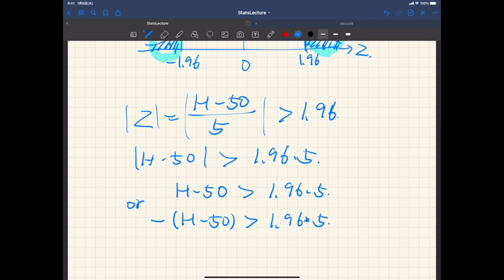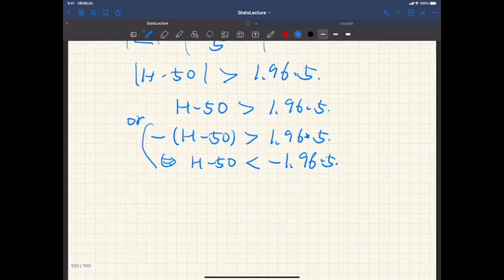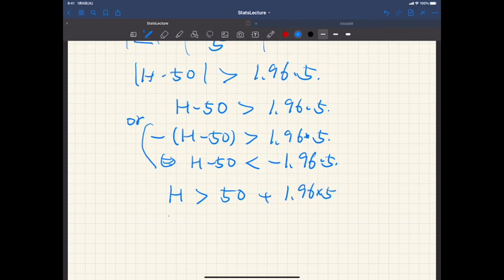Multiplying both sides by minus 1, we have either the number of heads h greater than 50 plus 1.96 times 5, or h less than 50 minus 1.96 times 5.